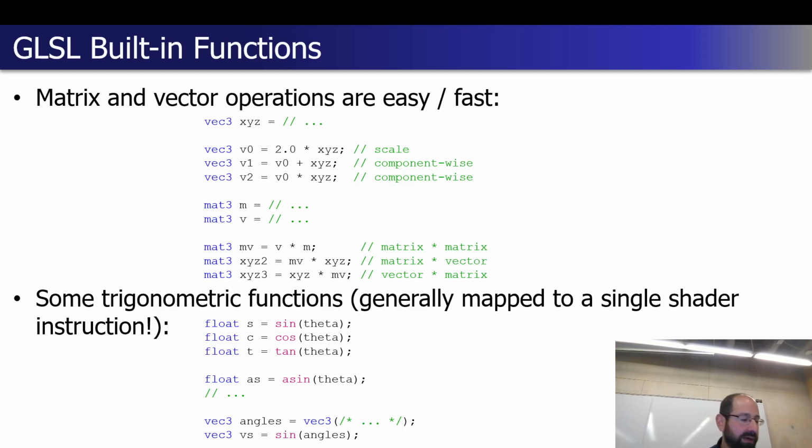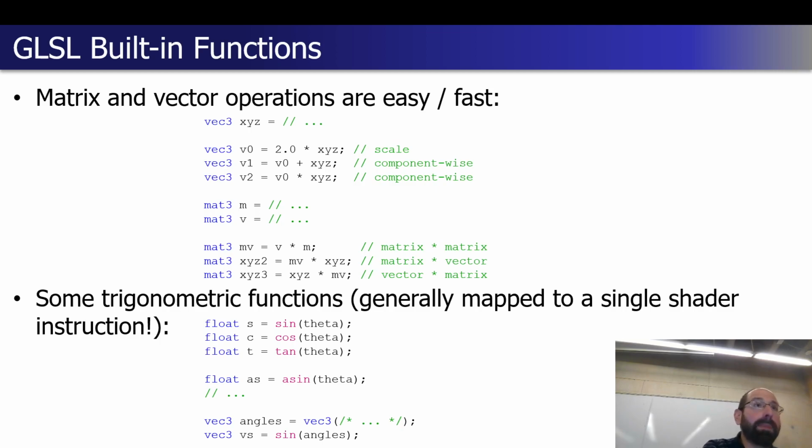There are a lot of built-in functions that are easy, I think, is a valid thing to say, and fast is kind of assumed. The language supports them natively as built-in functions, and the assumption is that generally those are going to get mapped to a single shader instruction, that there isn't a whole separate level of microcode associated with it. So calling sine of x in your shader code is fundamentally different than calling the sine function in your math library.